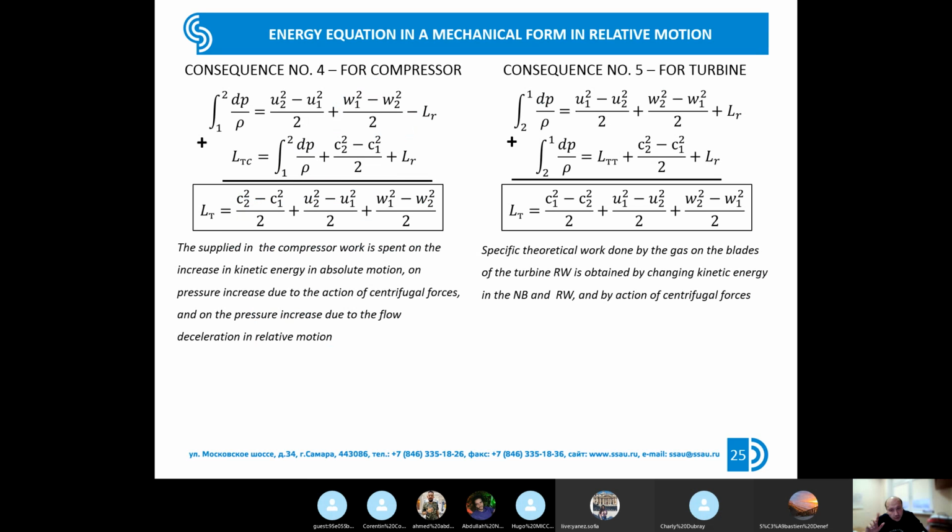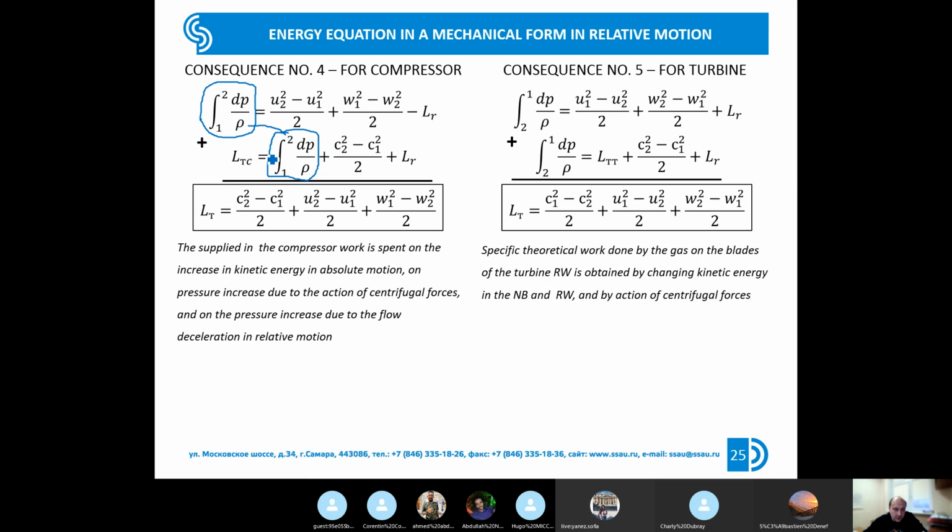And the last, not last, conclusion. Let's take the energy equation in mechanical form in relative motion, and we extract the change of the pressure using this equation for the compressor and for the turbine, and put it inside the Bernoulli equation.